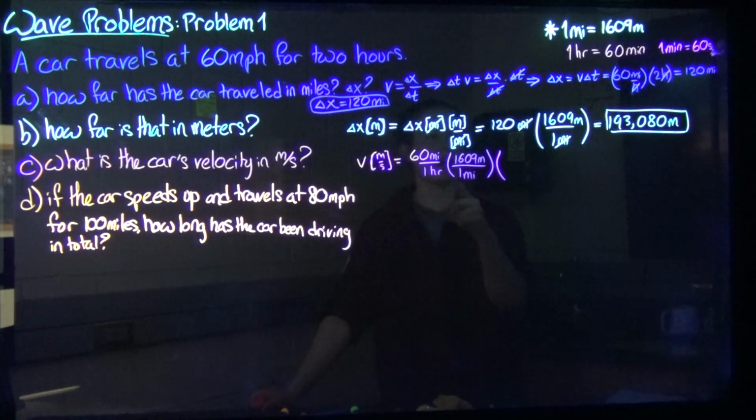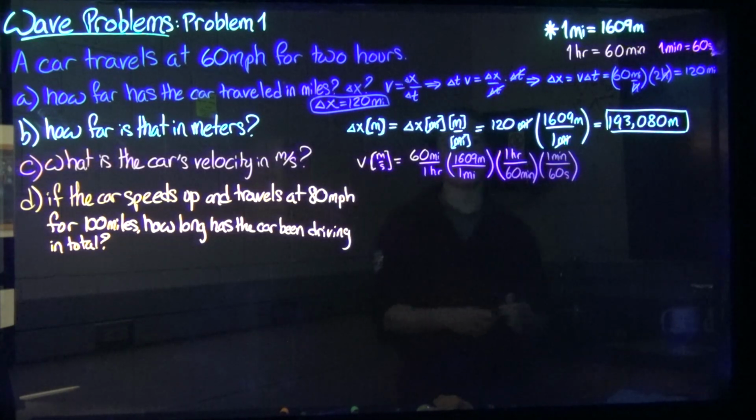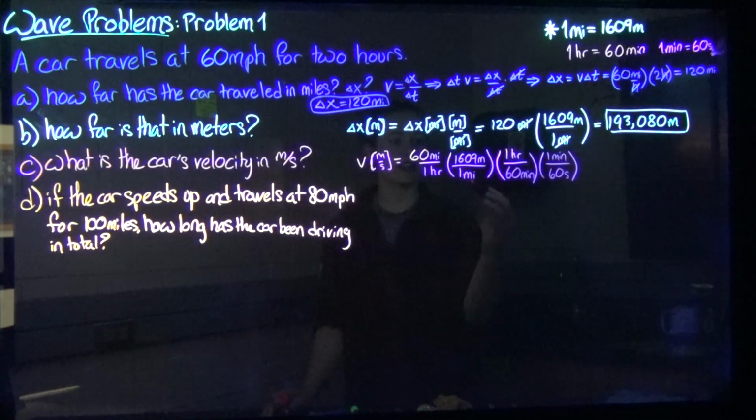And then we've got the hours, and we need to change that into seconds. So we've got 1 hour, and we know 1 hour is 60 minutes, so we can put our 60 minutes here. And we know 1 minute is 60 seconds. So this would do our full conversion, and we can check that all of our units, except for meters per second, cancel. So miles cancel, hours cancel, and minutes cancel.